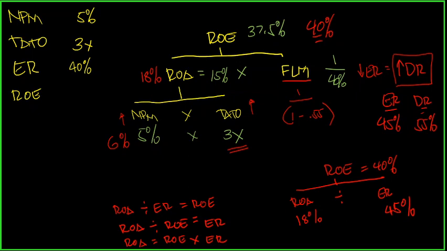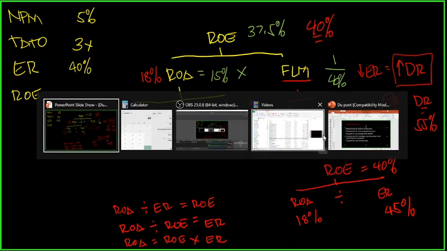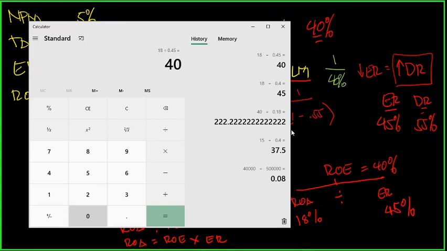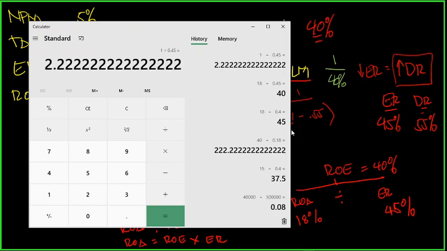Or 1 divided by 0.45. So, let's try to do that. 1 divided by 0.45, and you should get 2.22. And that's now your financial leverage multiplier.